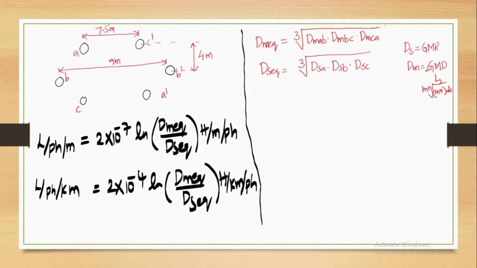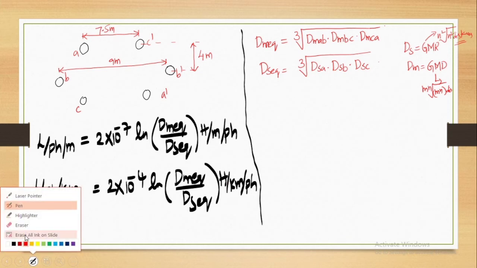And GMR is the geometric mean radius. You need to keep in mind the formula: the n-squared root of n square distances. Now find the GMD value, or GMD equivalent.